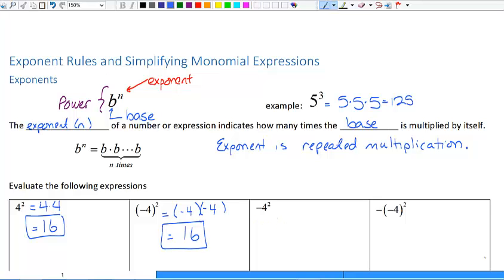Now on this next problem, where the negative is on the outside, what this means is we are squaring the 4 first, so it's 4 times 4, but we have this negative out in front.